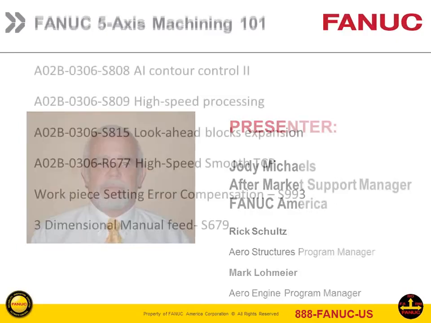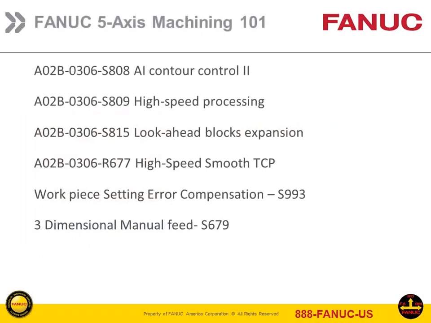So from there, as Mark said, if you're trying to get into 5-axis machining, you want to go into what options you actually need. Obviously, Rick and Mark both can help you with all those specifications, because there's a lot of them. But these 6 here on this screen are some of the highlights of what you're going to need.